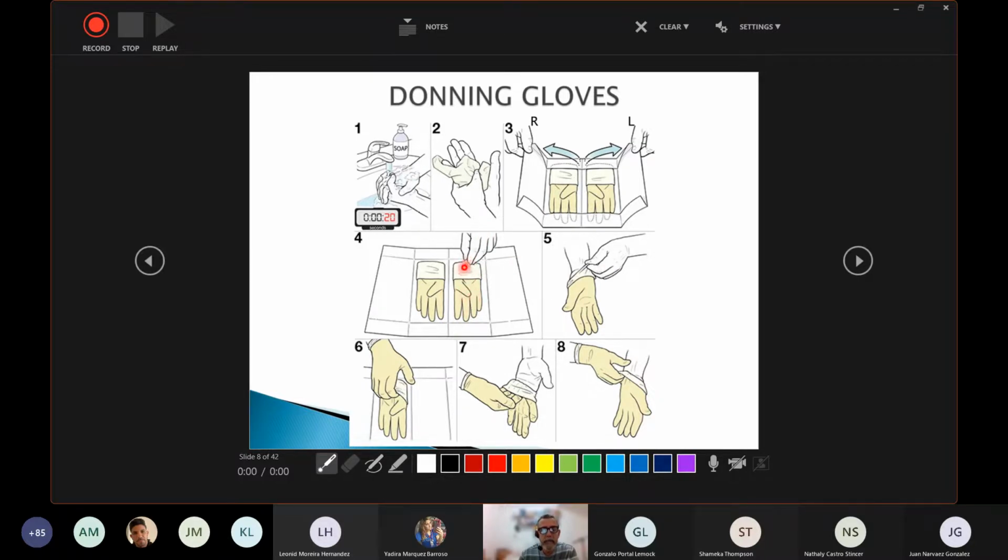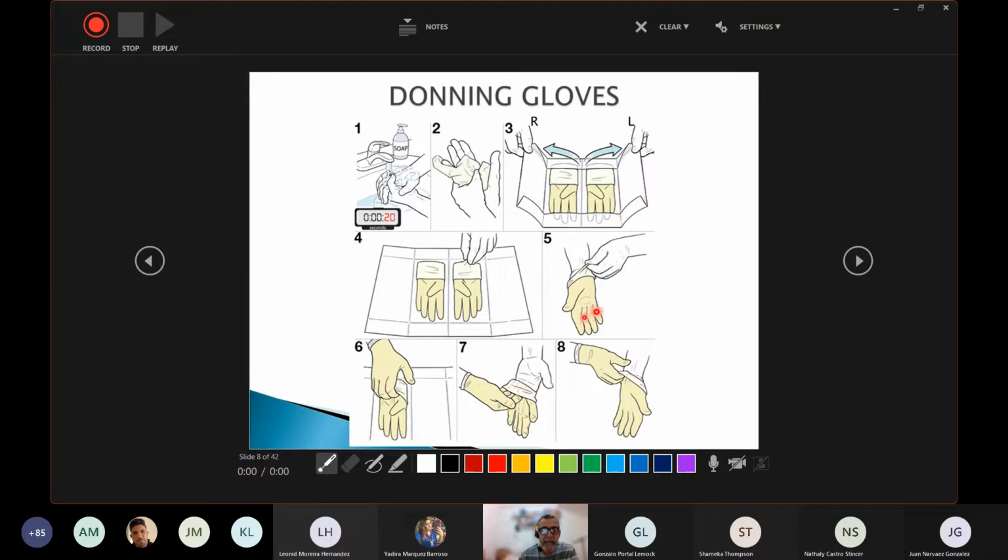And holding the glove through this folded inner part, you are going to introduce your dominant hand inside, yes, without touching at any moment the outside of this. And then you pull the white part, and then it is going to straighten up spontaneously. You don't need to straighten it up.